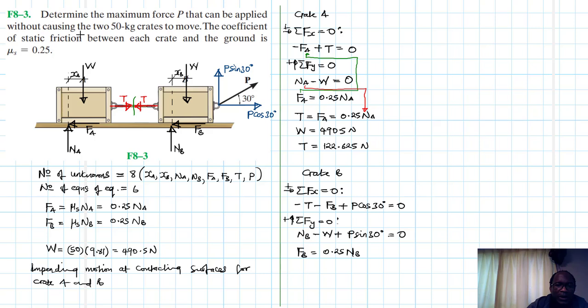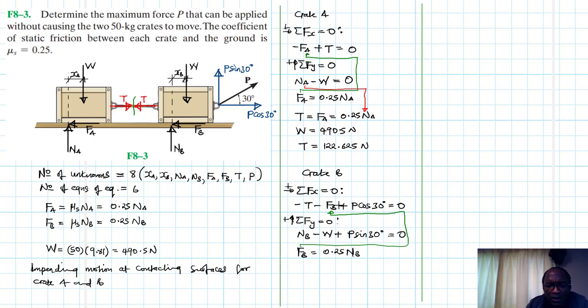So what we need to do now, we need to create two equations for NB. So let's say we feed this here, like so. Alright, and once we do so, then we are going to have the following. Let me create a boundary here. So once we do so, then we are going to have the following equation.